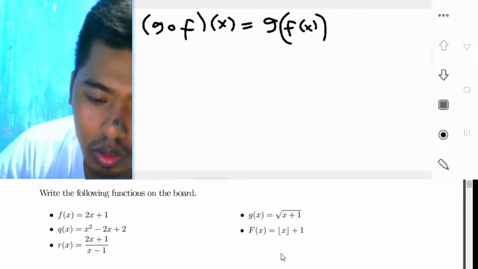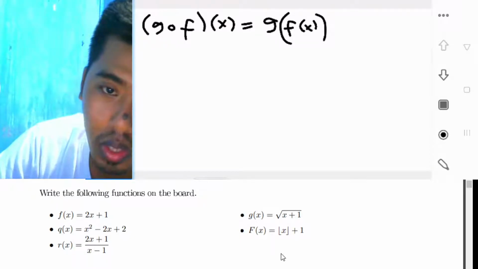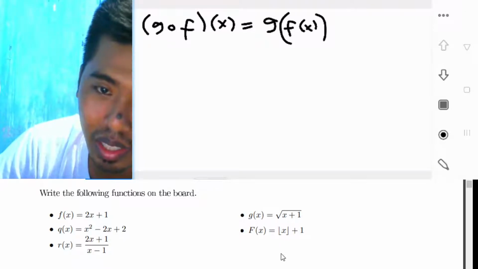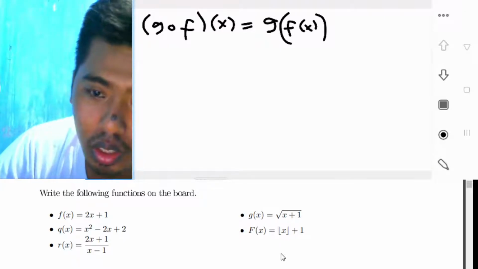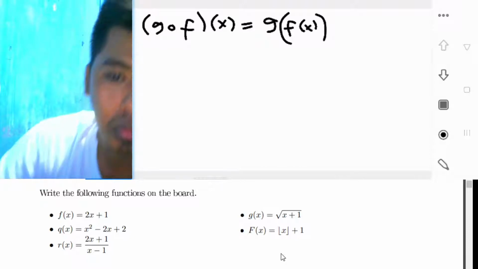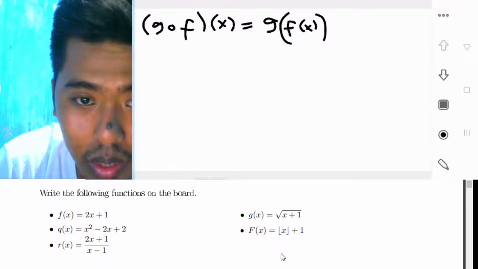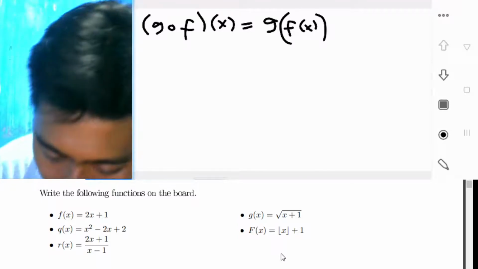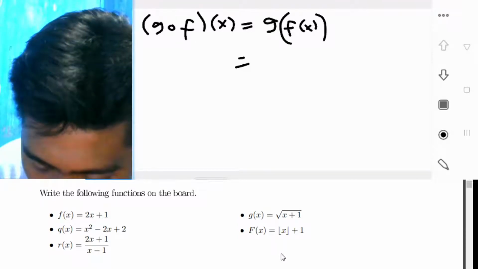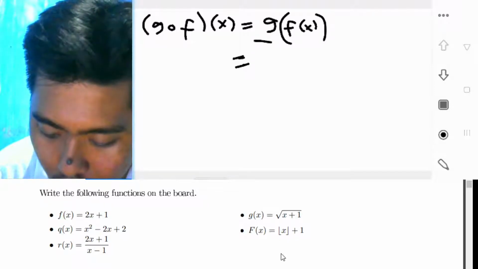Now, in putting this one, we're going to start with the outside, and after that the inside.